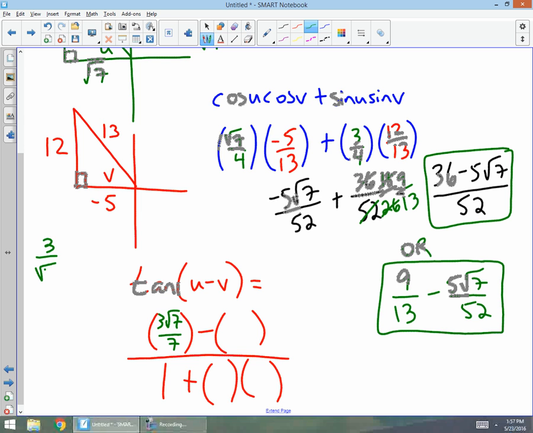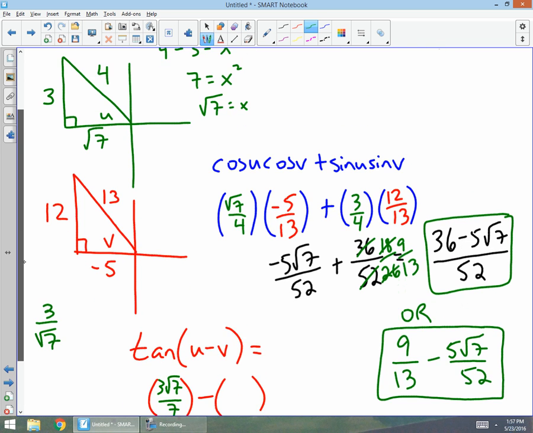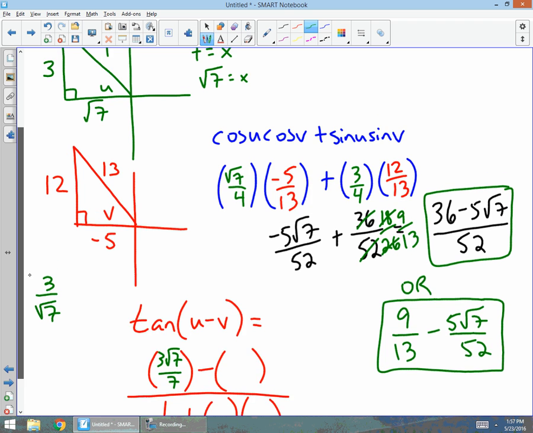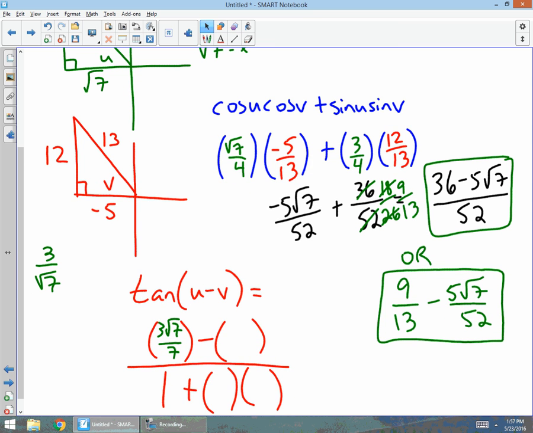Now remember, I'm rationalizing the denominator, kind of that skill that we've been practicing pretty much all year. So time to kind of speed it up just a little bit. That was opposite over adjacent. Now I'm in the red triangle, so I'm going to do the tangent here. And the tangent is going to be -12 over 5.